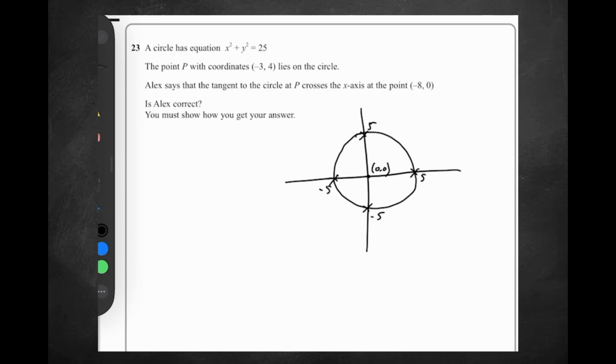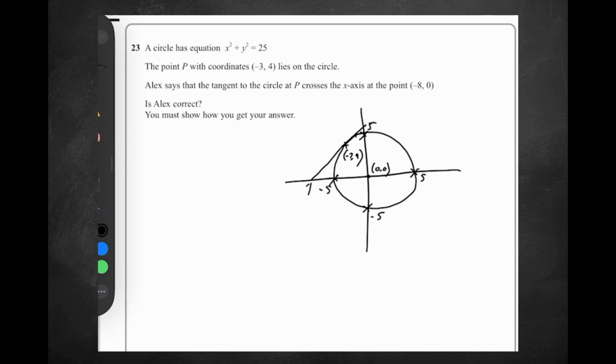So we need to know the point with coordinates minus 3, 4 lies on the circle. So minus 3, 4 is going to be about here. So minus 3, 4. Alex says that the tangent to the circle at P crosses the x-axis at the point minus 8, 0. So the tangent to the circle at P, just like that. That's the line he's talking about.